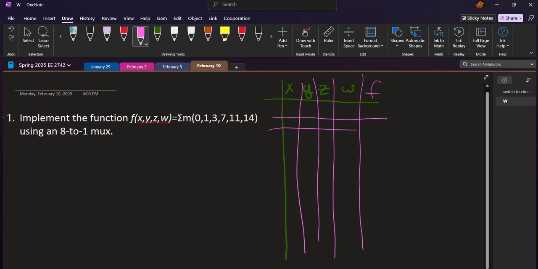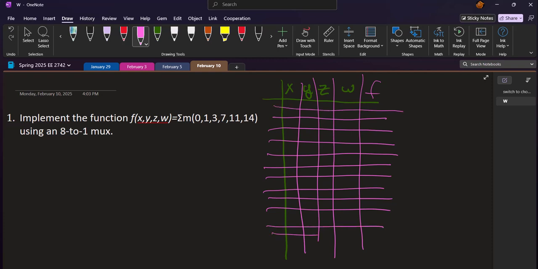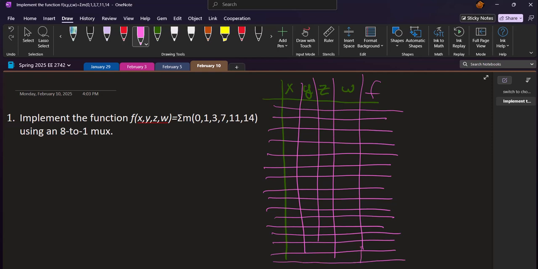So 16, 2 to the 4th. So these are the numbers from 0 to 15.